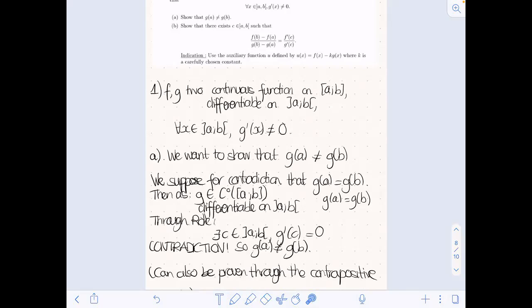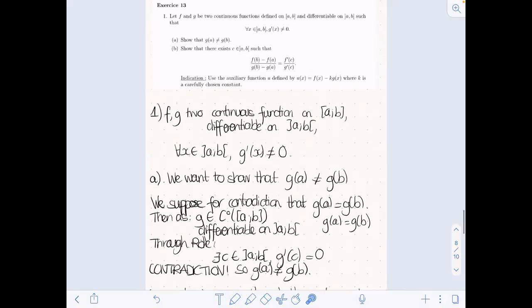It's equal to f prime of c times b minus a. Yeah, that's absolutely right. So under the right continuity and differentiability assumptions, f of b minus f of a is equal to f prime of c times b minus a, and g of b minus g of a is equal to g prime of c times b minus a.